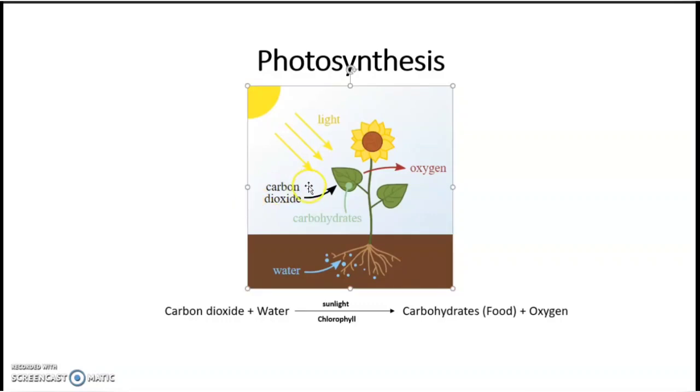Carbon dioxide from the surroundings is also taken by the stomata. Water is taken by the roots, and with the help of these raw materials, plants prepare their food in the form of carbohydrate. Along with the carbohydrates, oxygen is also produced. The oxygen is released into the atmosphere.